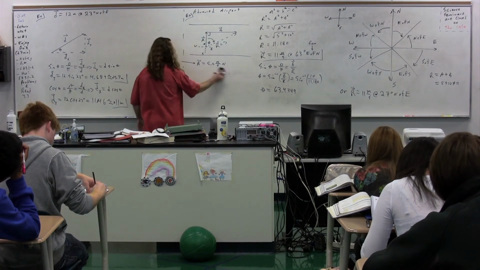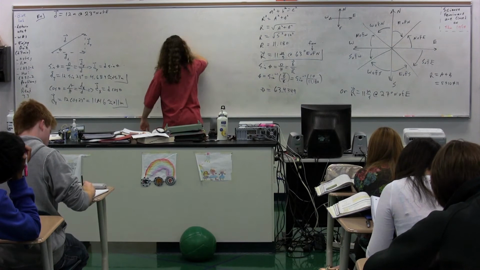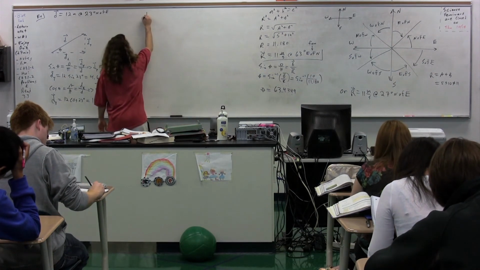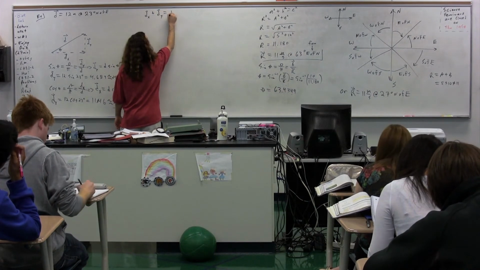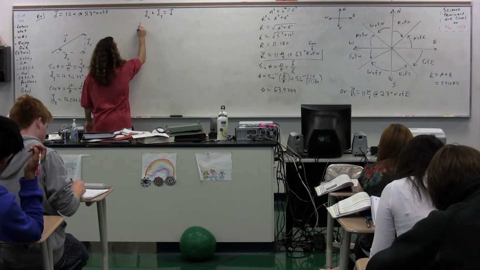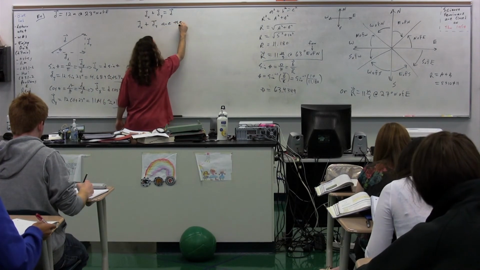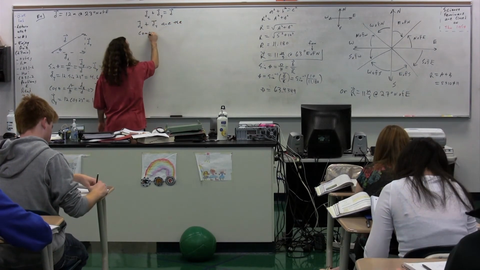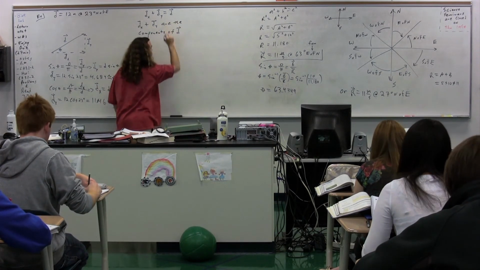Now, what we have just figured out are called the components of vector d. So if you take d in the x direction and add it to d in the y direction, you get the vector d. D sub x and d sub y are the components of vector d.